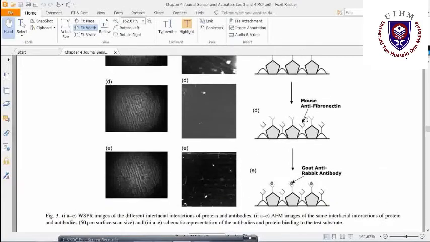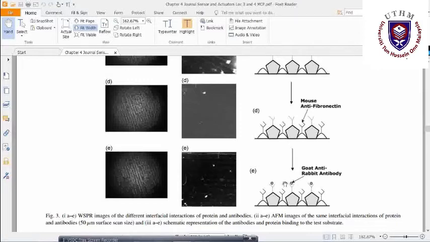So when you use mouse anti-fibronectin, you will see the layers become more or less the same at the level of thickness. Therefore we further highlighted the laminin area with the anti-rabbit secondary antibody.